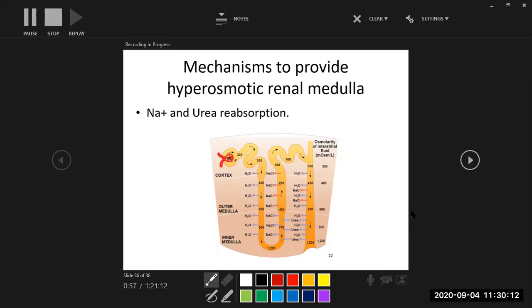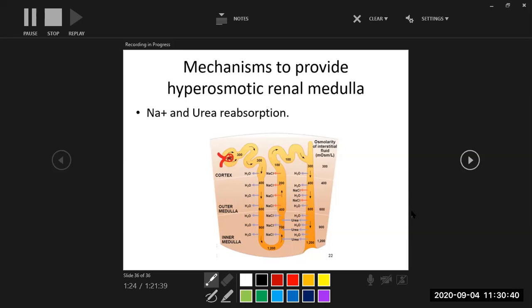So that leads to the third function of the collecting tubule, collecting ducts. That is, how can we generate that high osmolarity in the inner medulla? In addition to the salt that we constantly reabsorb back to our body, here in the collecting tubule, collecting ducts, they also reabsorb urea.